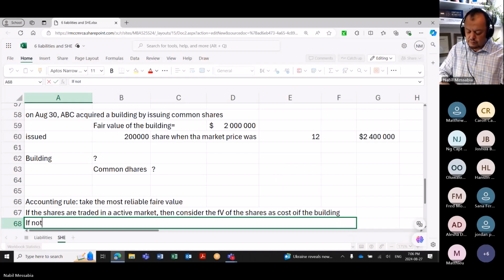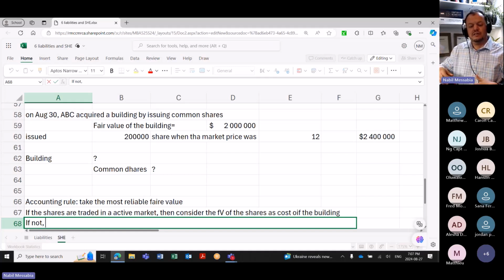If not, we are a private entity. Our shares are not traded in an active market. We simply use the expertise of an expert to make the assessment of the value of our company. In this case, the assessment of a building by a real estate expert is much more reliable than the assessment of a financial analysis of a non-traded, private company.